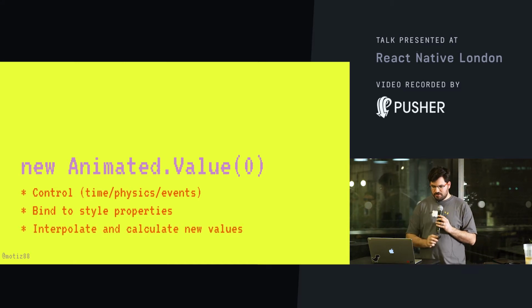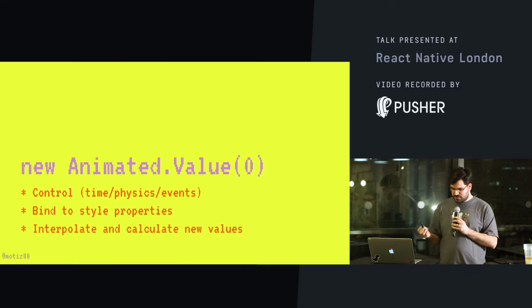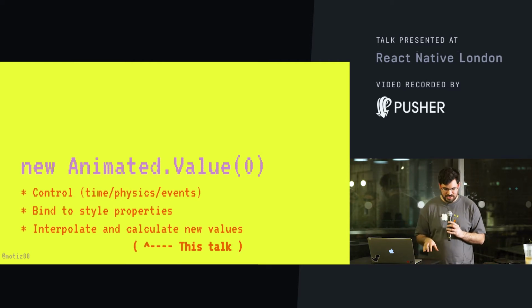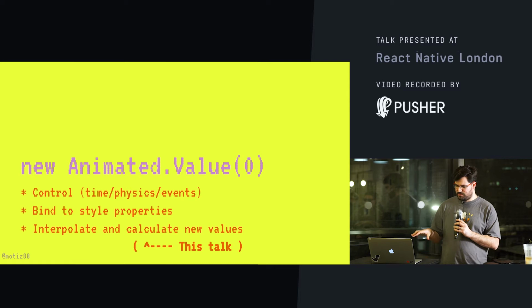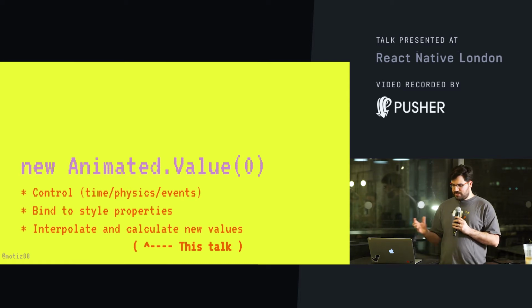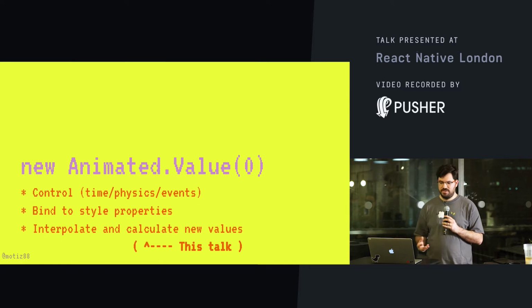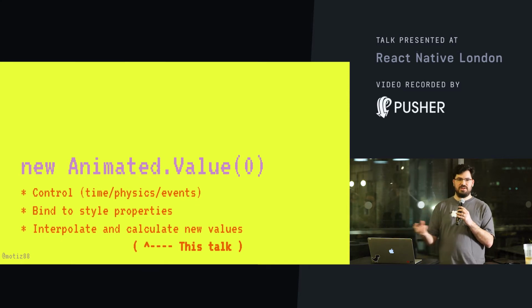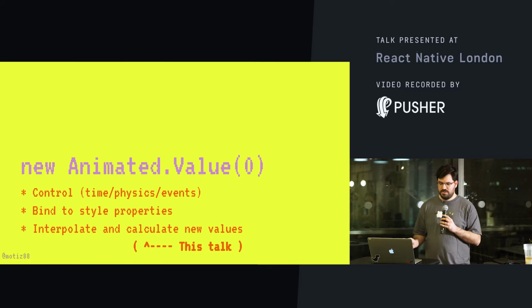And the third area of the API, which centers around this class, and this is where this talk is mostly concerned, is a set of methods that let us interpolate values to make new derived values, and more specifically to combine values in certain ways.